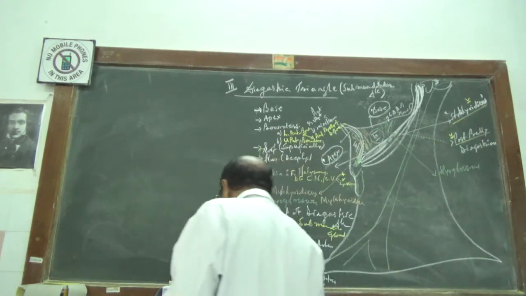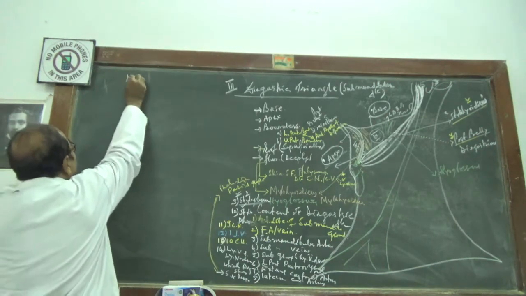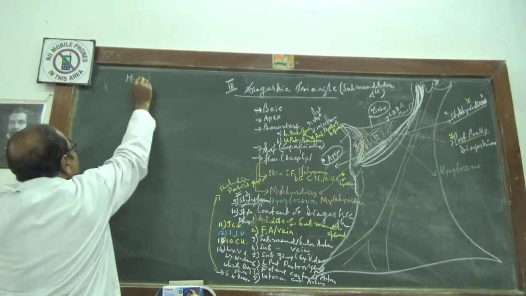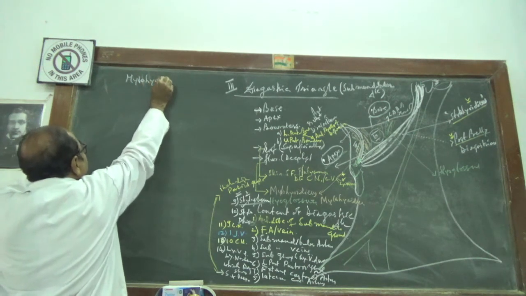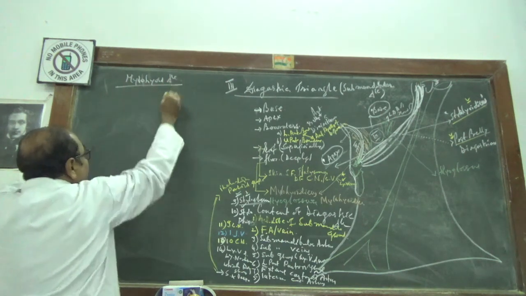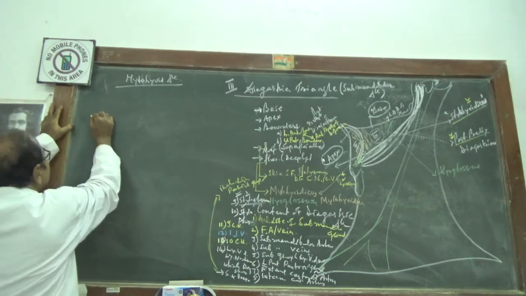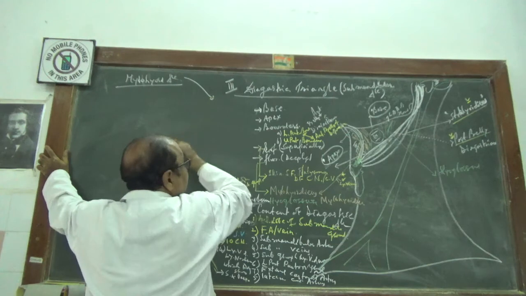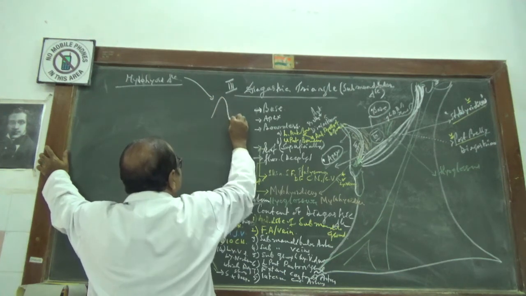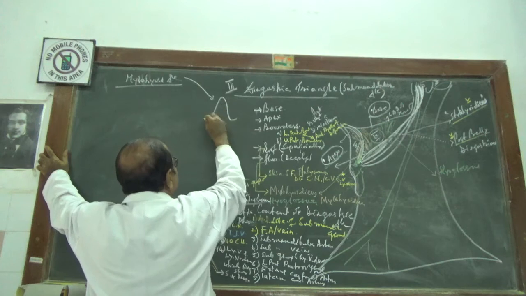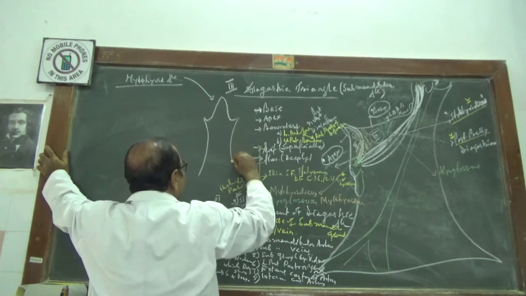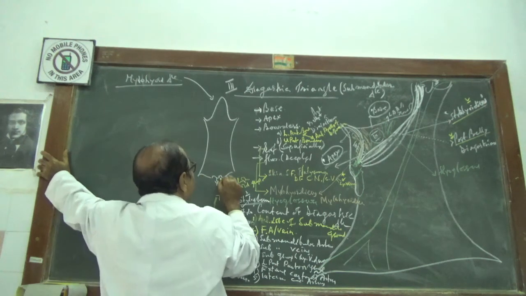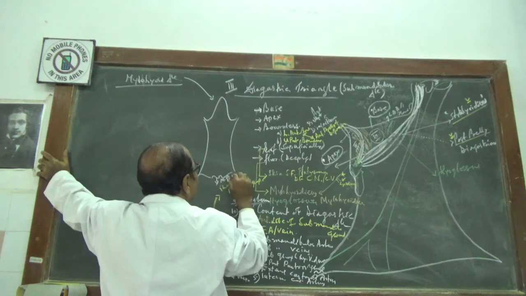Now, after having had this, you have to go to one more triangle. That triangle is called the MAH00841 triangle. Now the MAH00841 triangle can be shown like this here. It is part of the sternum.